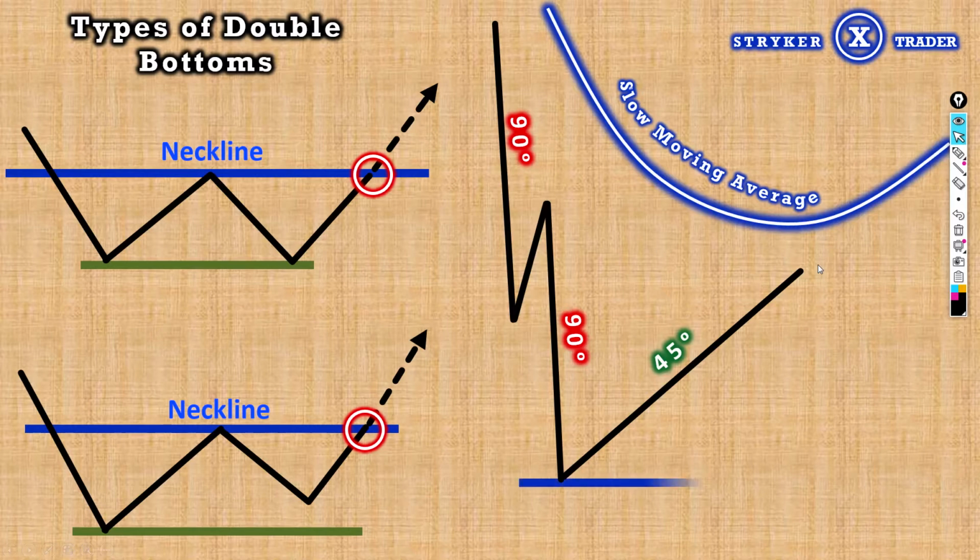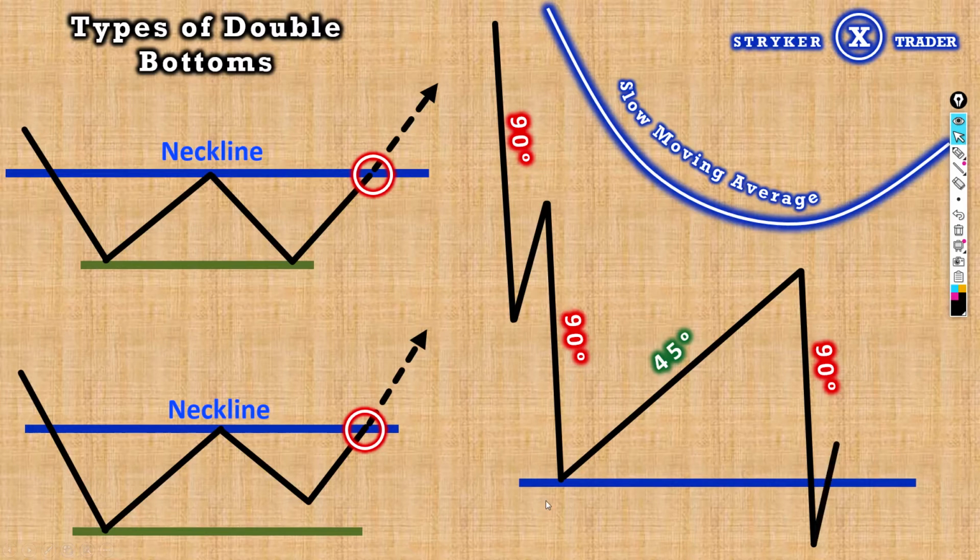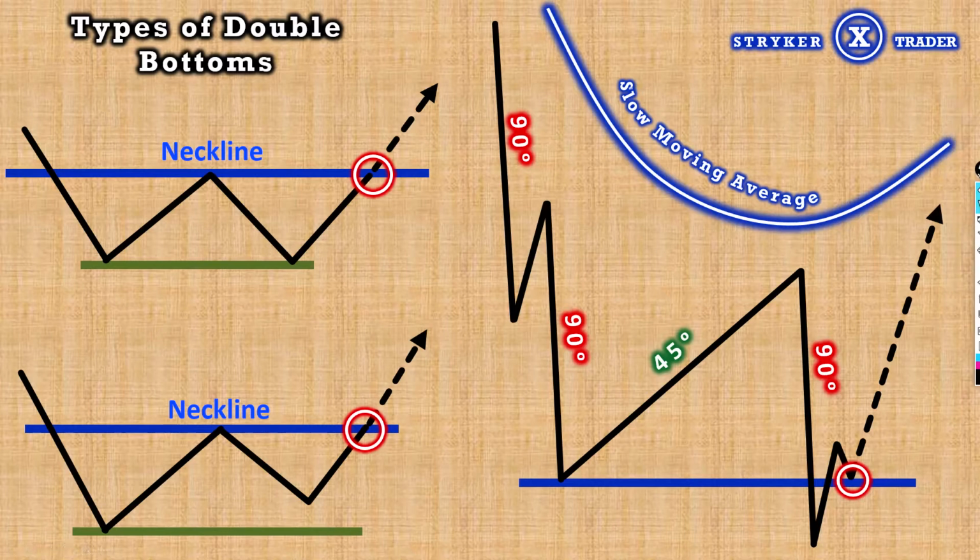Now, as it comes to this point, this is where the biggest shakeout comes, and there's another 90-degree angle that comes down to take out the stop losses. And as price recovers and closes above the support level, this is the best time for me to go long. We'll cover this in more detail in the next slides.